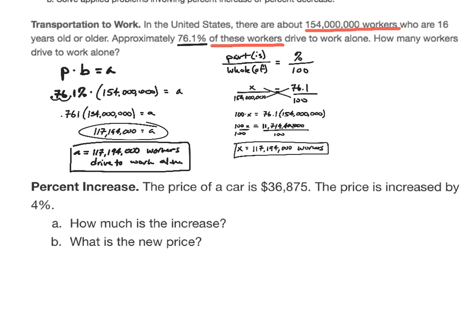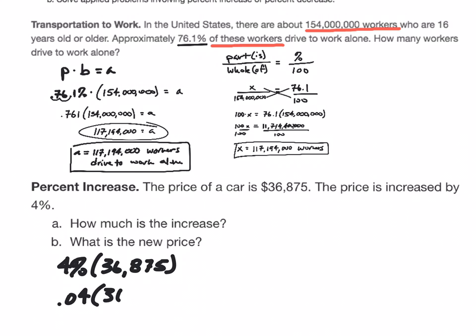What I want to know is, what's 4% of 36,875? So I'm going to do 4% and multiply it by 36,875. Now 4% as a decimal is 0.04, and multiply that by 36,875.